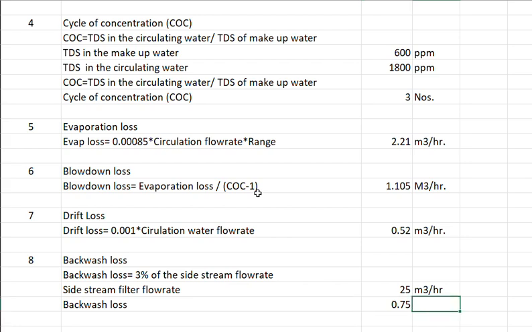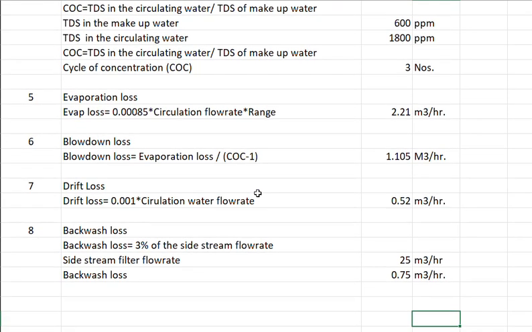So 0.75 meter cube per hour is the backwash loss. Till now we have calculated the evaporation loss, blowdown loss, drift loss, and the backwash loss.